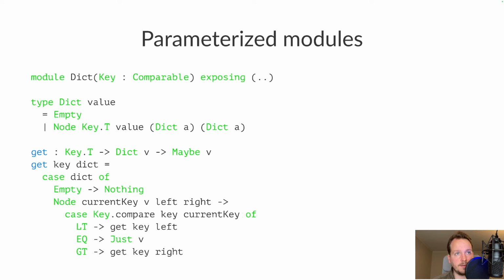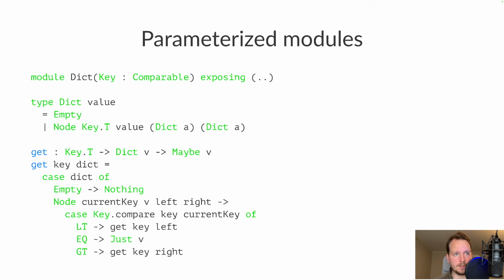So here we can see the dict module. It takes in a key which must match a comparable signature. Now key in this case is a module, and comparable is a special kind of module that defines an interface or a contract. If we were to look at the rest of this implementation, you can see that we define a custom type, dict, that can contain any sort of values. That dict can either be empty, or it can be a node with some value.